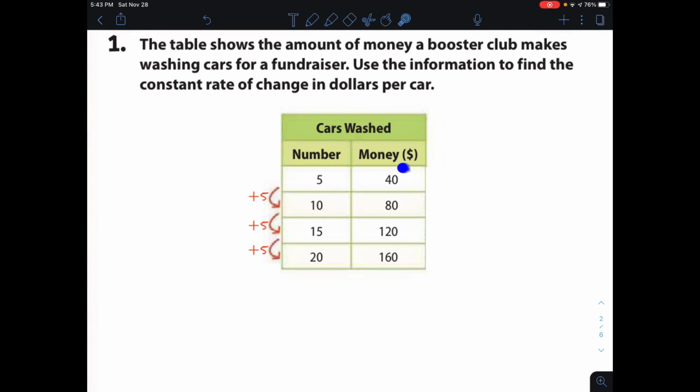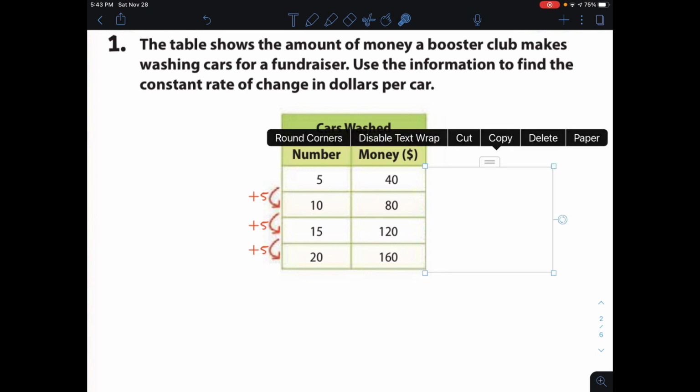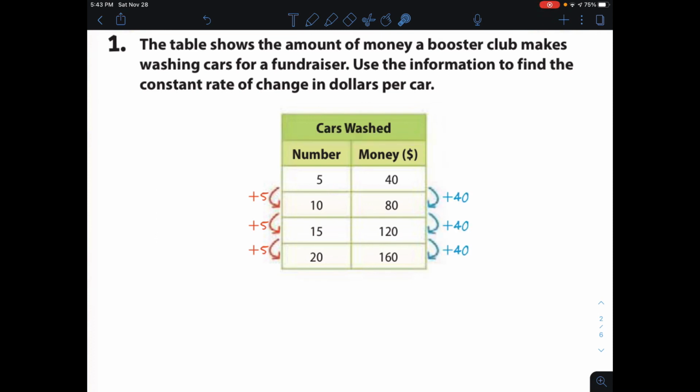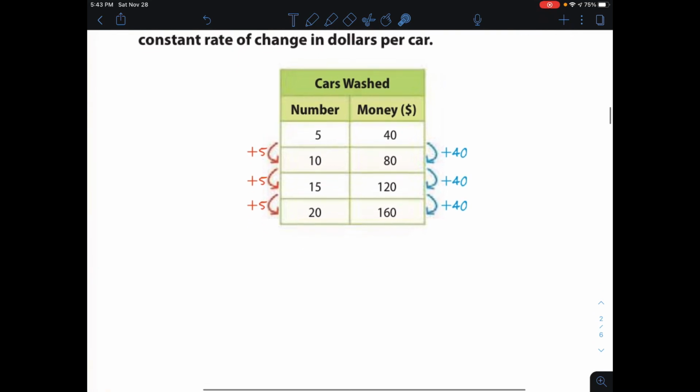You have 40 to 80, you add 40. 80 to 120, you also add 40. 120 to 160, you also add 40. So the change for the amount of money the booster club makes is $40. Now if you notice, we already have a constant rate because that's 40 and 5 all the way down.